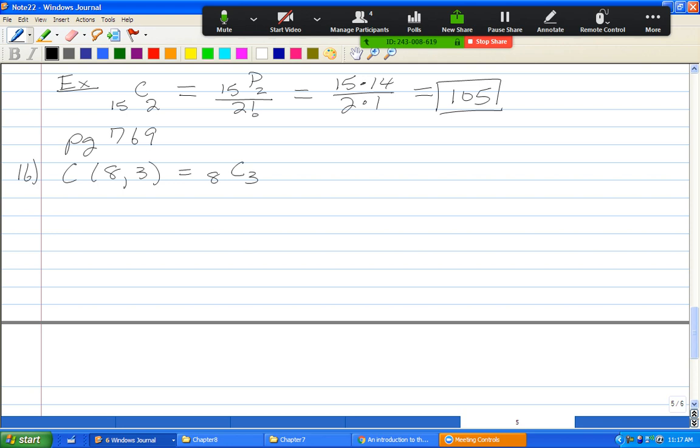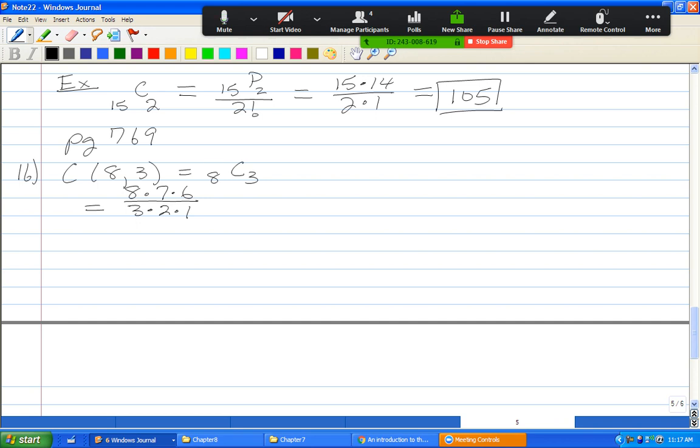Let's compute that. Evaluate each expression. So this is equal to 8 times 7 times 6 over 3 times 2 times 1, using that trick that I just gave you.